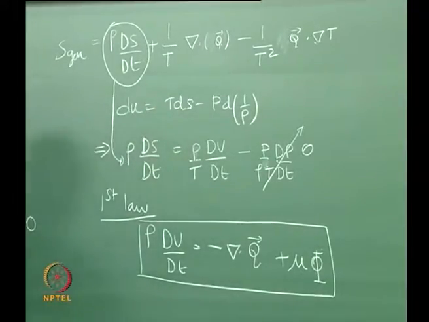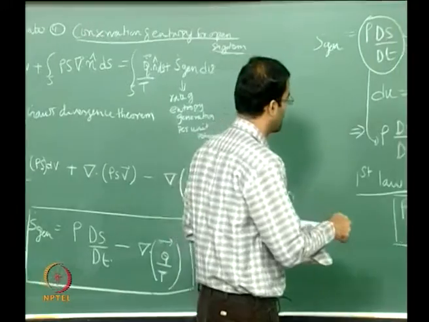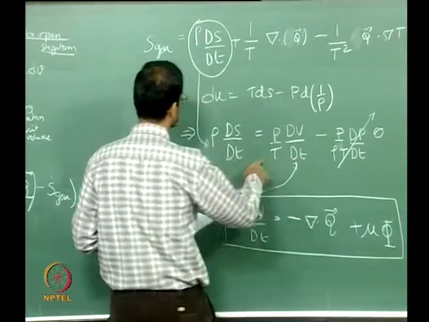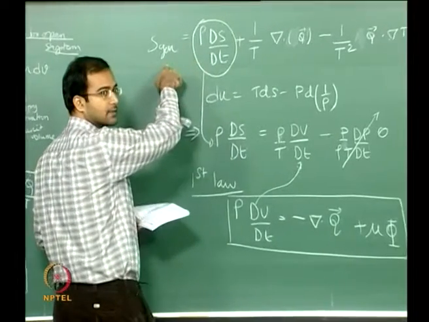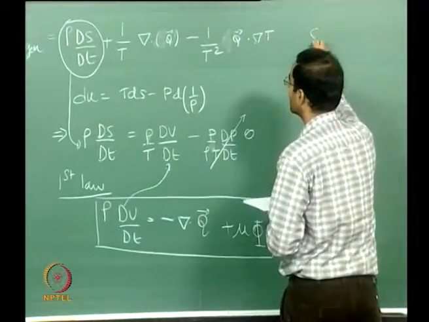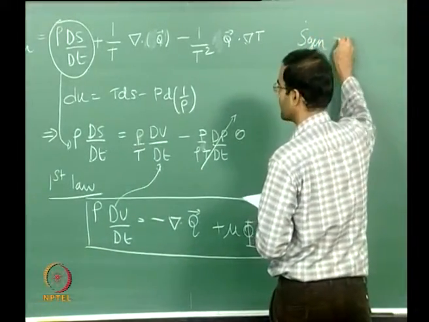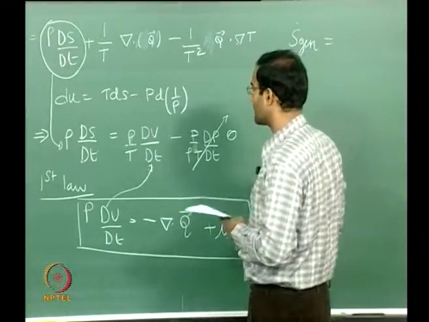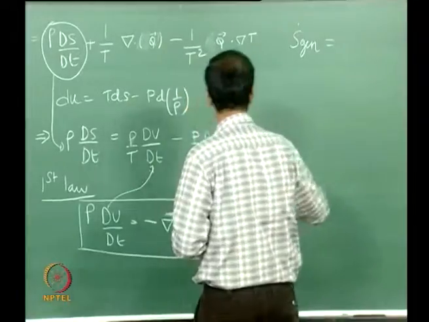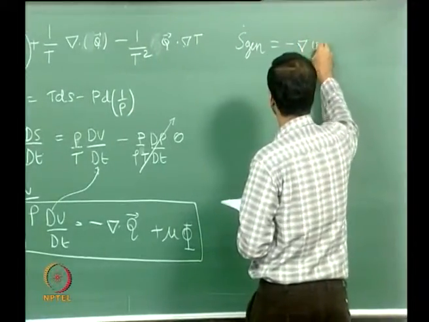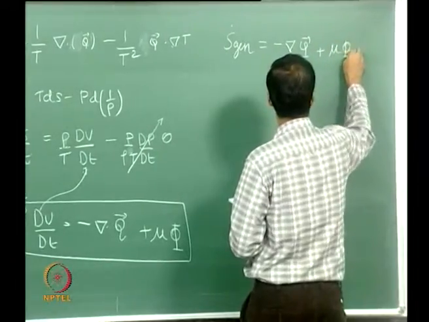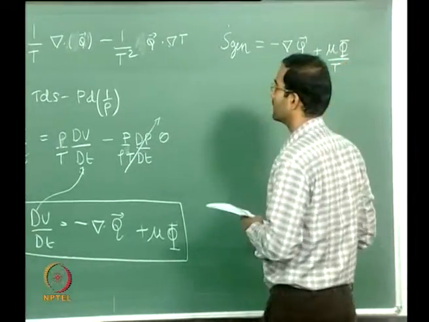So therefore what I am going to do now is to substitute for rho du by dt from this expression into this, and this I am going to substitute into this, okay. So the resulting expression will be s dot gen will be, so this will be basically rho ds by dt is nothing but rho by t du by dt, which will be minus del dot q by t plus mu phi by t, okay.